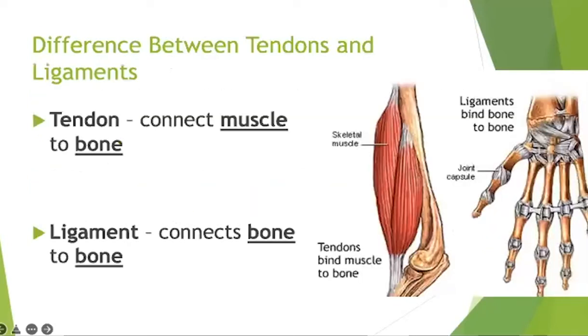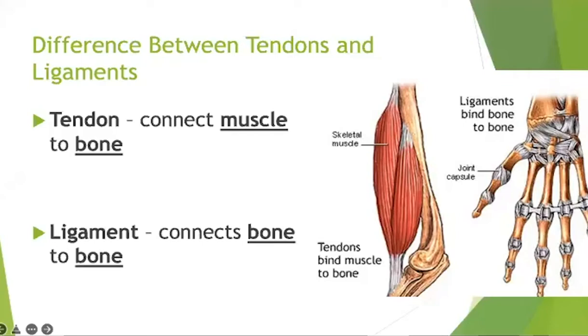So at its simplest form, a tendon connects muscle to bone. So you may be wondering, I've heard of a ligament. What's the difference? A ligament connects bone to bone. So in a little more detail, tendons are made up of dense fibrous connective tissue, which are made up of collagen fibers that transmit mechanical force of muscle contraction to the bones.